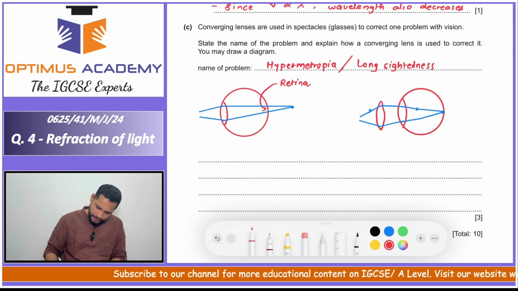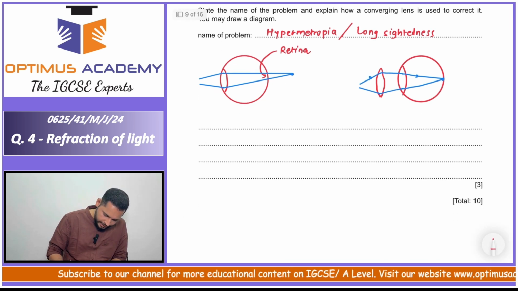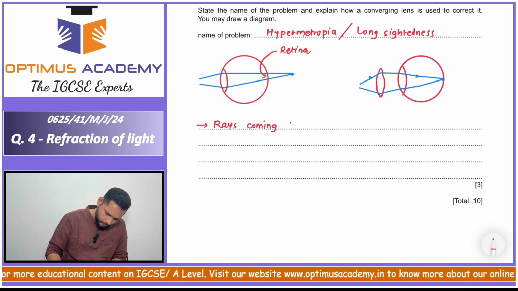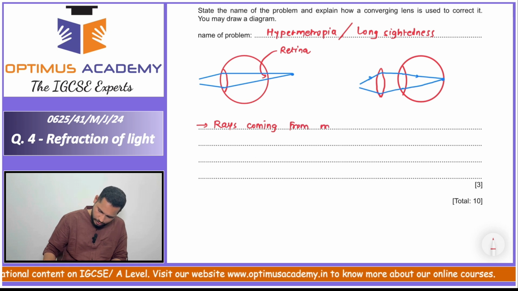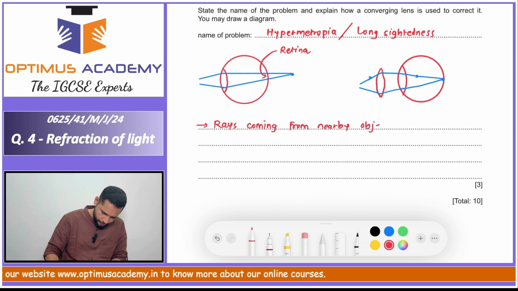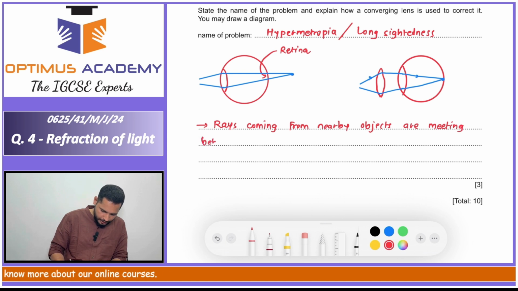So what can we write in the problem statement? We can see that the rays coming from nearby objects are meeting behind the retina.